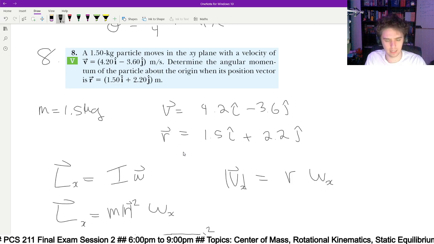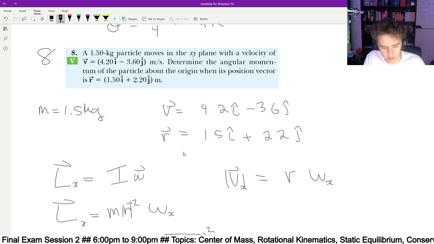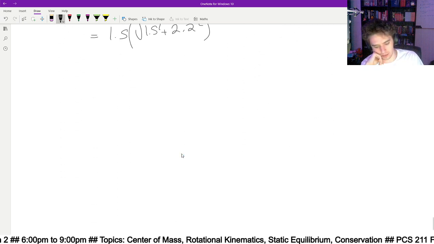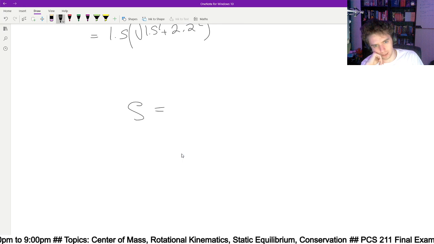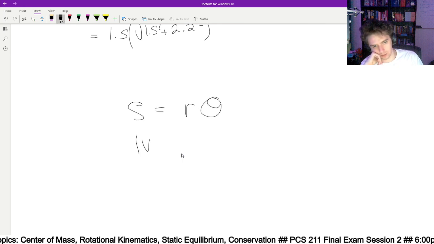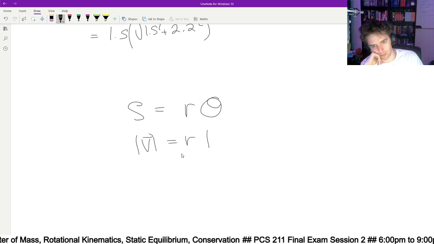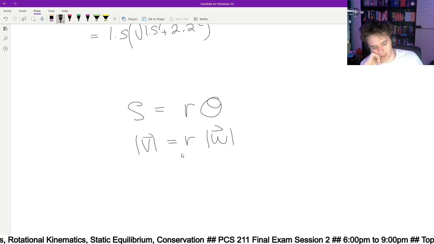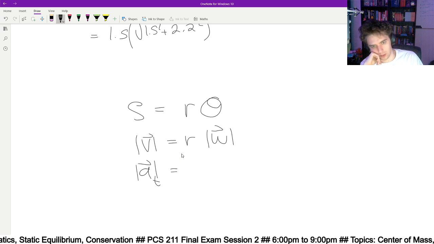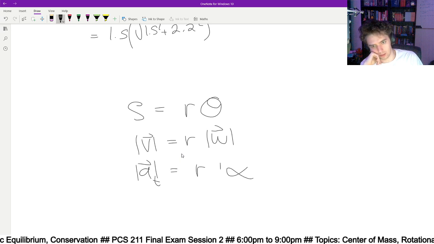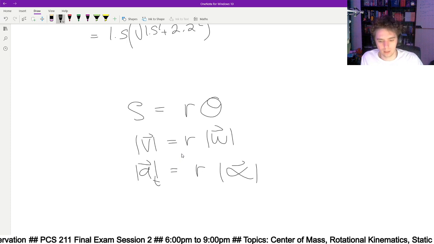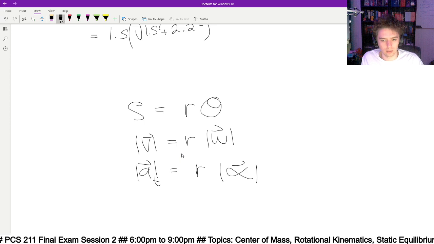Well, I'm looking at this, just from the notes from Springer's lecture, and the only times that I ever see the quantities related is s, the position, equals r theta, the magnitude of v equals r times the magnitude of omega, and the tangential acceleration equals r times the magnitude of the angular acceleration.